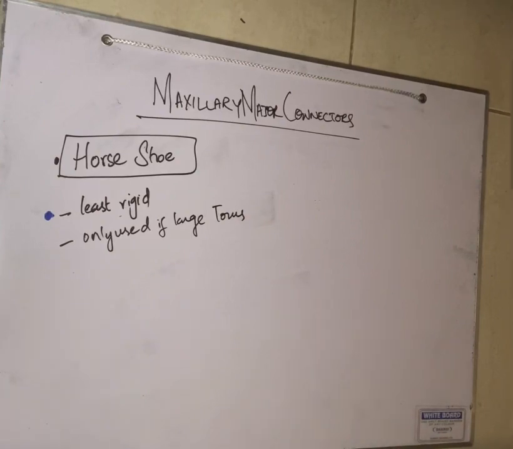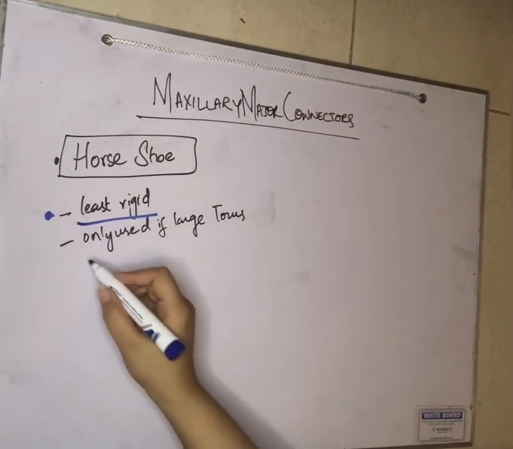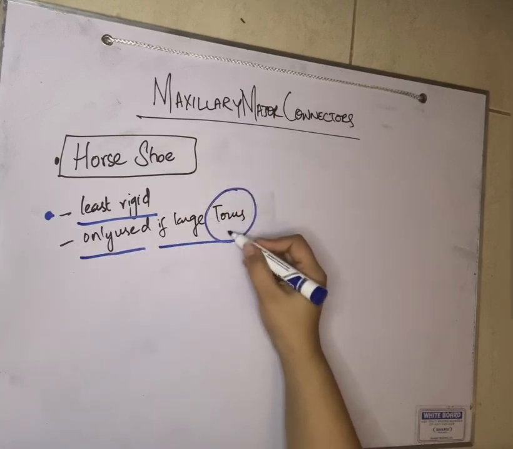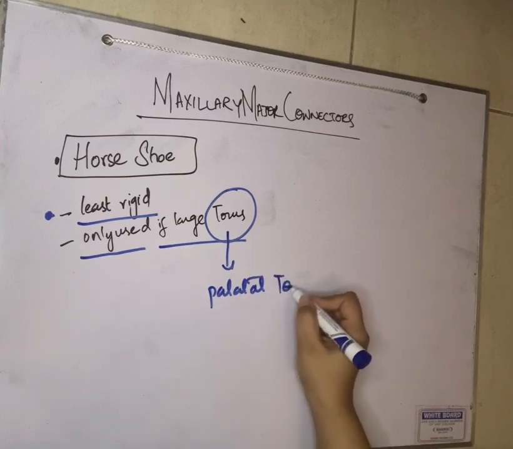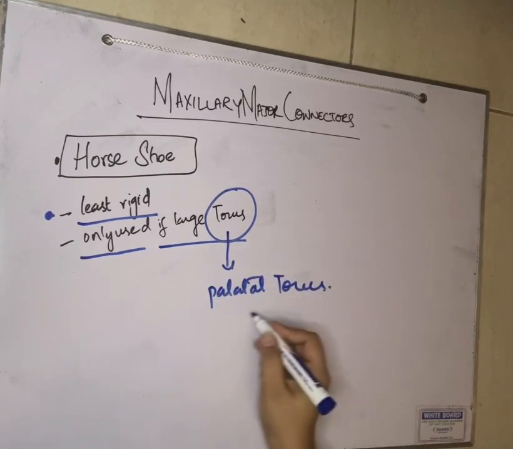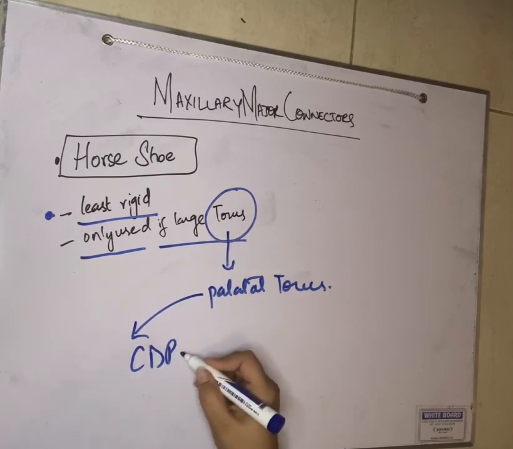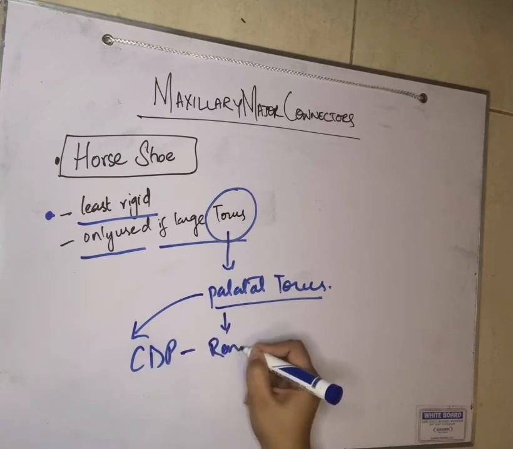Then we have the horseshoe shaped design, which is considered to be the least rigid of all the designs, and it is only used when there is a large palatal torus, right? In complete denture patients, if there is a large torus, it has to be removed.